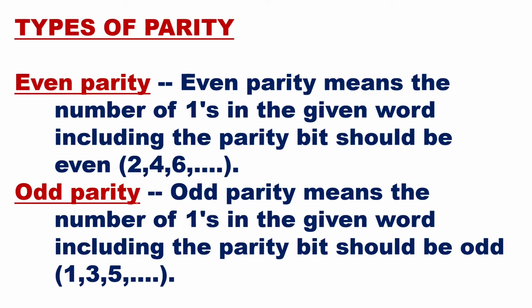Here, as I have told you earlier, are the types of parity. You can have even parity. Even parity means the number of ones in the given word, including the parity bit, should be even, that is 2, 4, 6, 8 and so on. As I've told you with an example earlier for even parity, say you have an 8-bit code word.